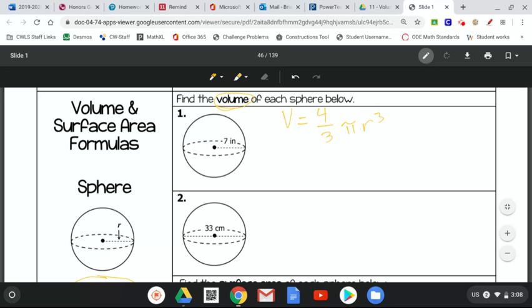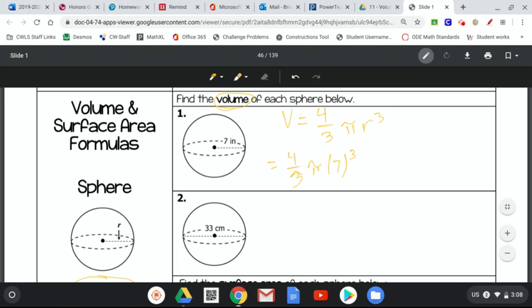For this, the radius is 7, so 4/3 times pi times 7 cubed. You've got to plug this in your calculator. If you want to plug it all in at once, that's fine. Just make sure you use parentheses. A lot of times what I do is 7 cubed and multiply that by pi.